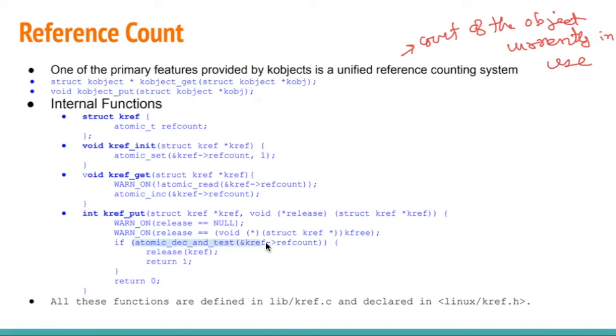Here we have decrement and test, so it will decrement the reference count and check. So these are the different functions internally. When we call kobject_get, it will call this function, and when we say kobject_put, it will call this kref_put function.